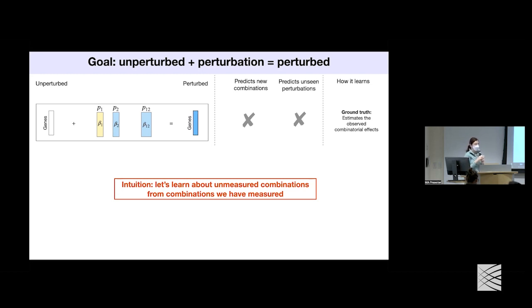Genes are not all acting independently of each other in crazy ways; they actually fall in pathways. If you have a group of genes that are all involved in growth, then perturbing either of two of them might have similar effects because they're involved in regulating the same process. So let's think about how we can encode this type of similarity between perturbations to predict the effects of combinations that we haven't yet measured.